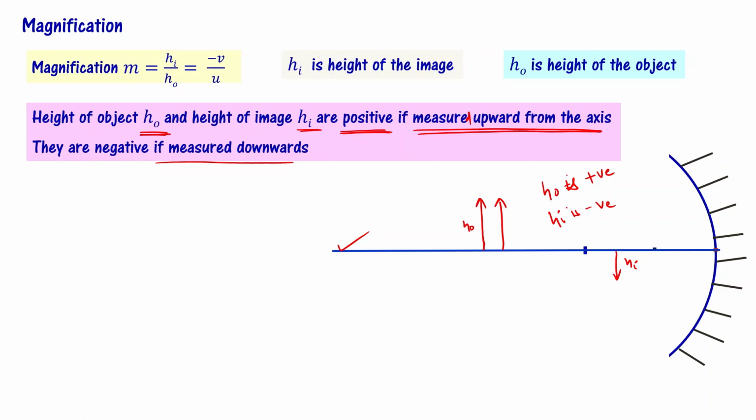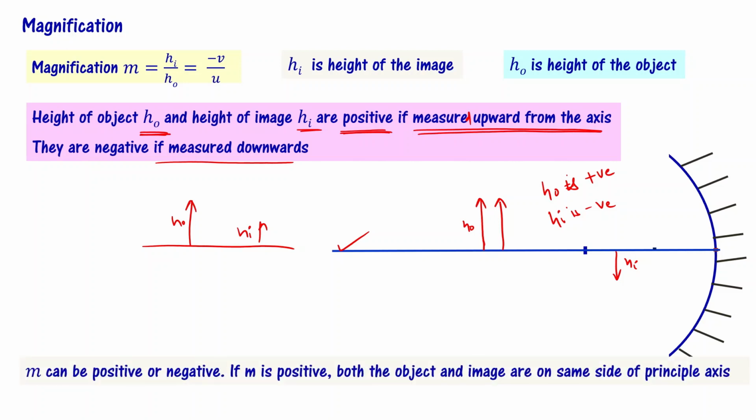Understood? Otherwise, if hi and ho both are measured upward, as happens in some specific cases, then both are going to be positive. Understood? m is defined as hi by ho, right? It can be positive or negative.